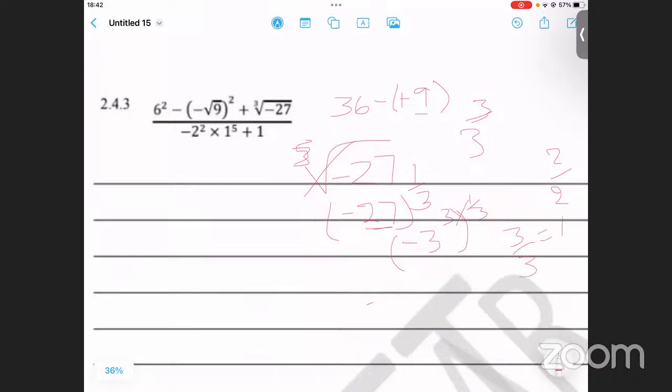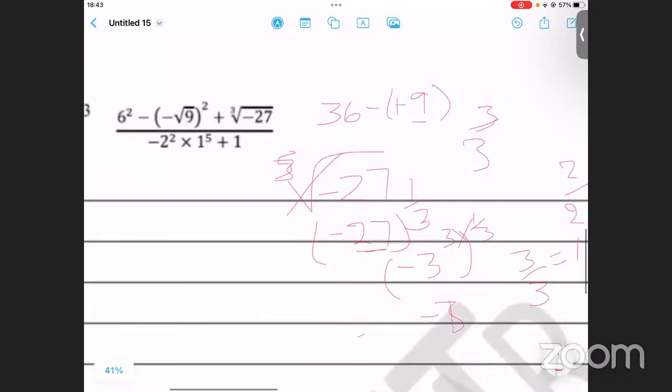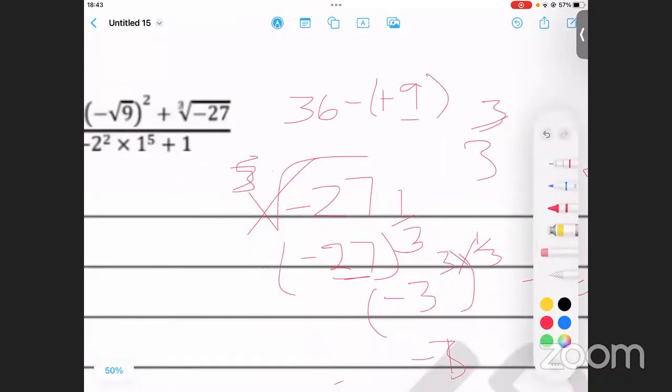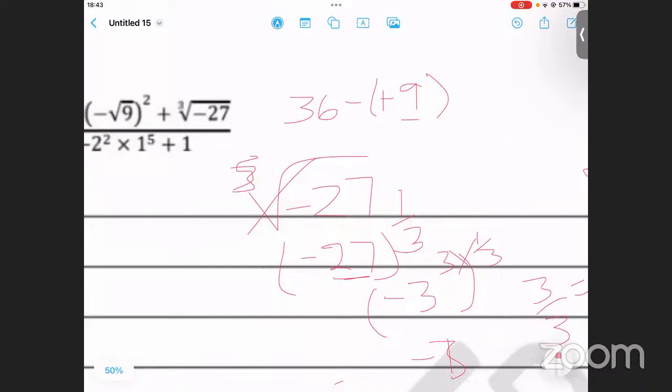So we are having a negative 3. That means here we're going to have plus negative 3. Are you guys following?